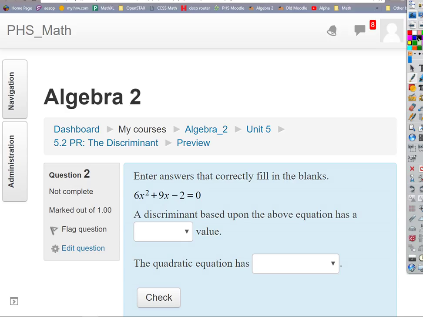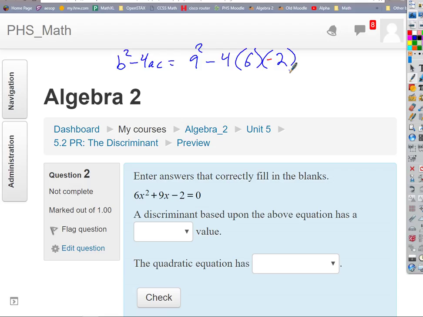But if I want to do the value of the discriminant, what do I get if I plug in numbers? I'm going to get 9 squared minus 4 times 6 times negative 2. 2 negatives. Yeah, exactly.